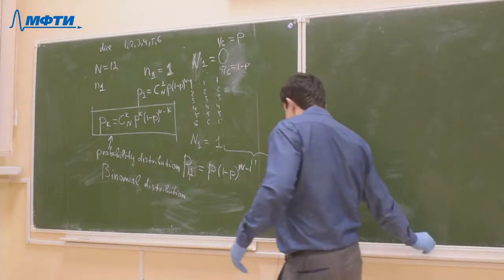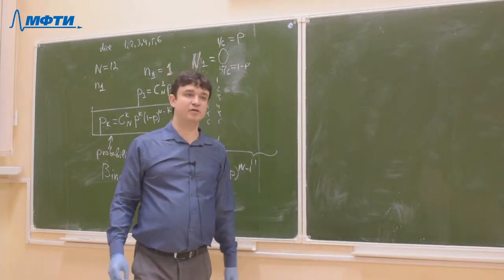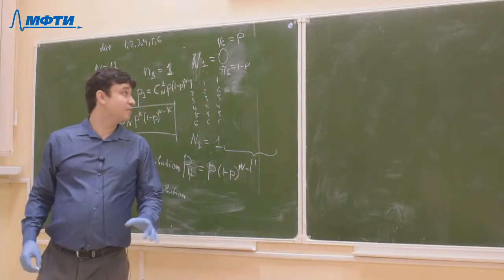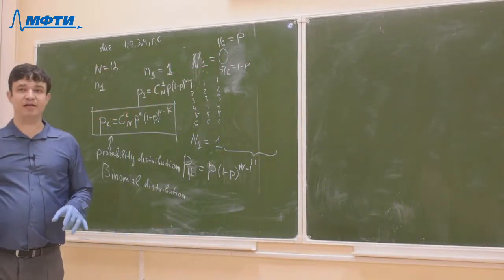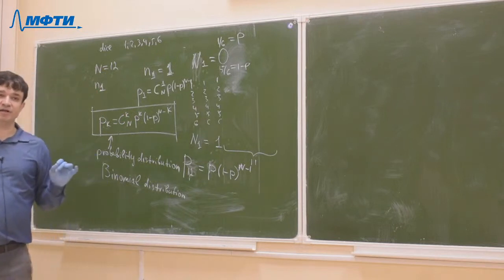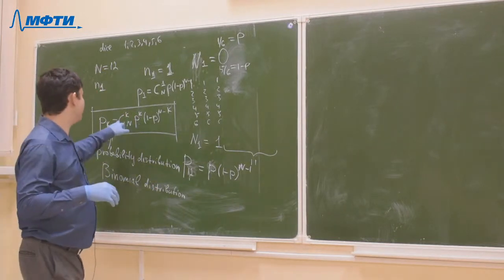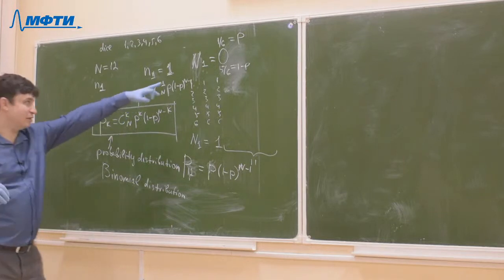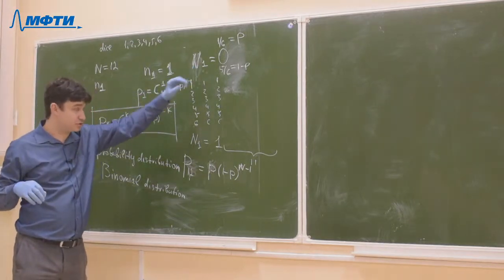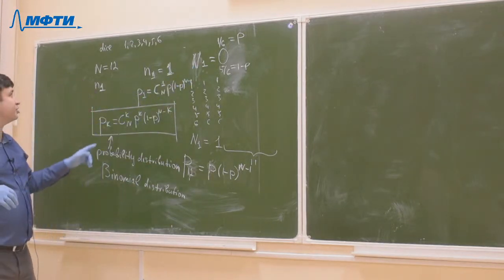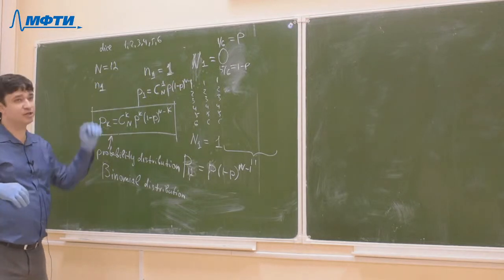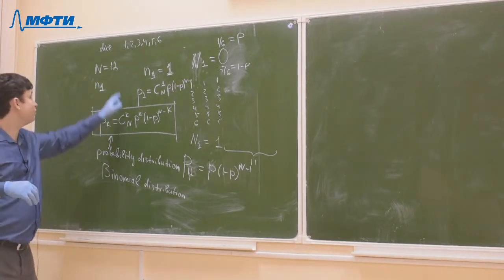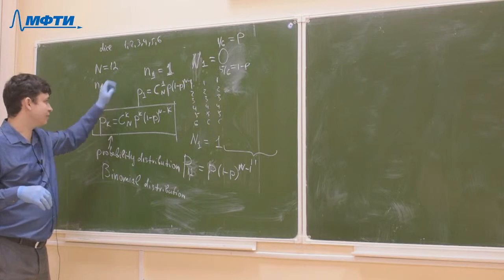So far, we have only considered the case when the random variable can attain only discrete values. This number k, the number of ones in my dice rolls, can be an integer ranging from 0 to 12 in this case.